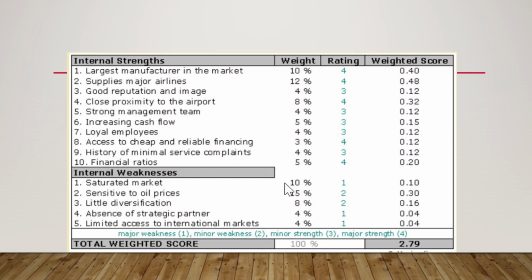And then for the internal weakness naman, yung saturated market and sensitive to oil prices, yung given yung highest weight. So, ibig sabihin, very important siya in achieving competitive advantage. However, nakalagay dito sa saturated market, rating niya is 1, which means major weakness siya ng firm. And ito, minor weakness siya.